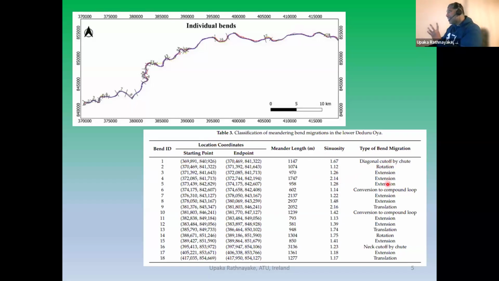Why? Because this will tell us the future formation of these bends. When you talk about river meandering, it is going to change. It's a dynamic process, so we can forecast the futuristic views of the river meandering from this research. Now, surprisingly, even after publishing this work, the relevant authorities came up with a project doing the same.